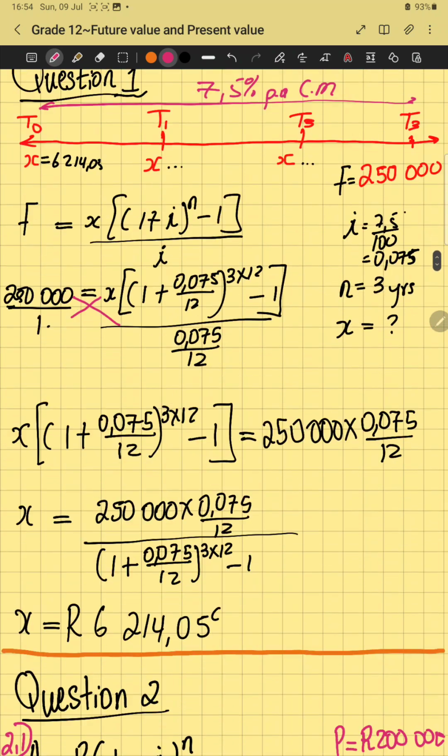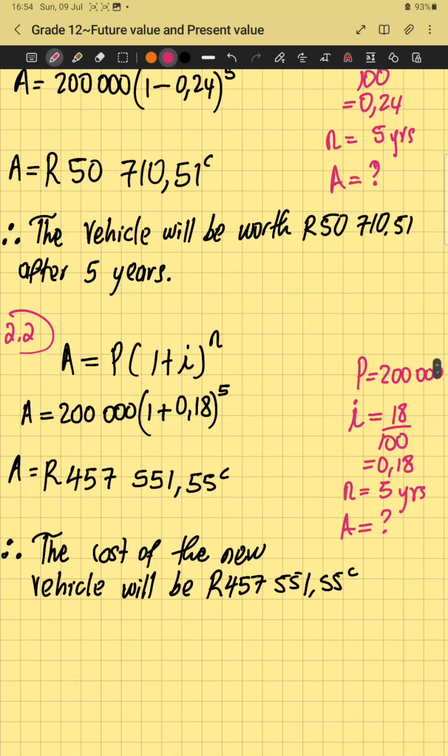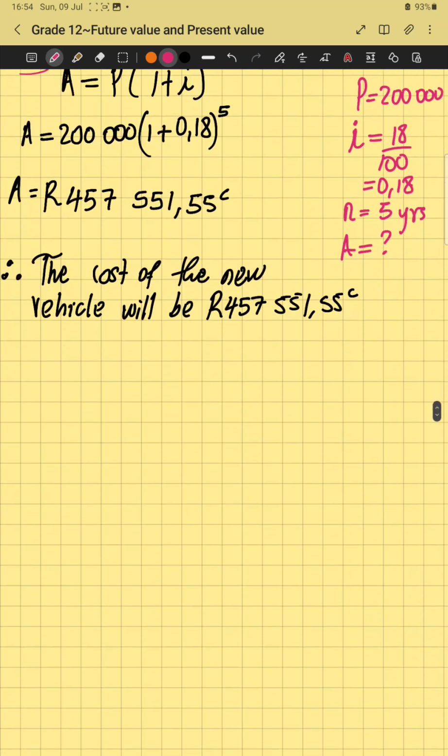Now, meaning that the sinking fund will be calculated as follows. Let me just number 2.3. Now the sinking fund, we're going to say the cost of the new vehicle minus value of the old vehicle. Now we want to know the difference between the new vehicle and the old vehicle, that is, what amount exactly must we add from the old one to get the new one.